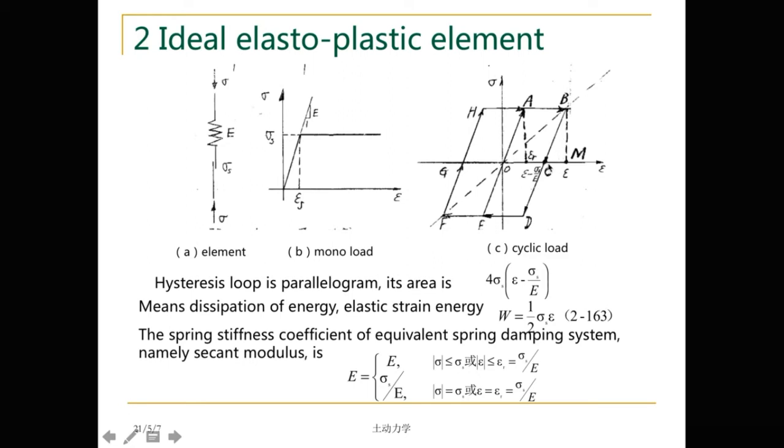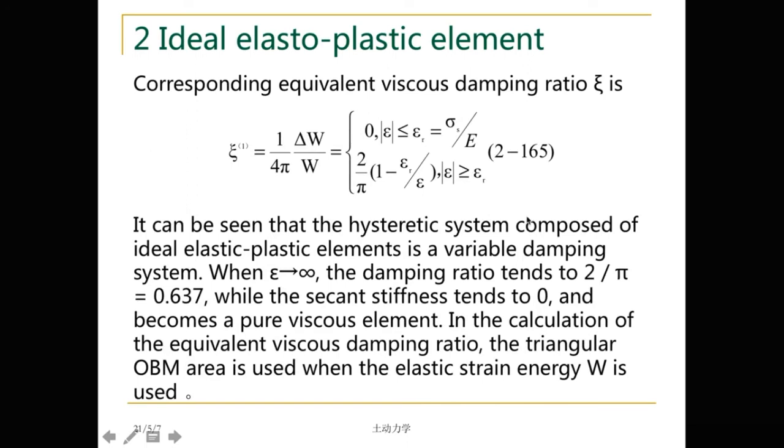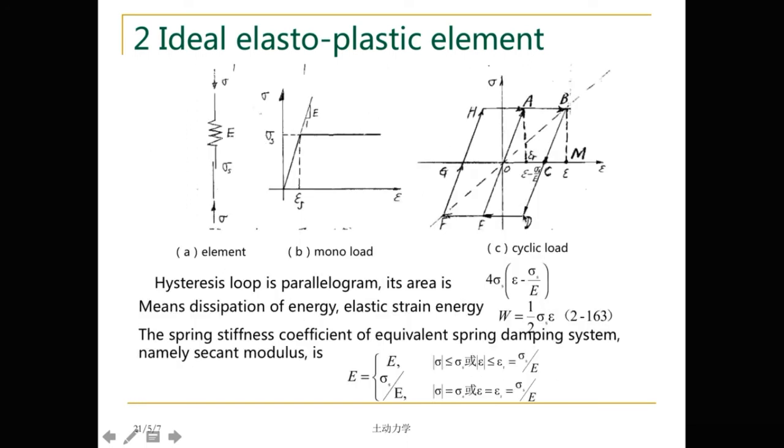It decreases to 0, then increases in the inverse direction. And when the inverse direction reaches the strength of the Coulomb body, it is unlocked, and the strain will develop continuously.